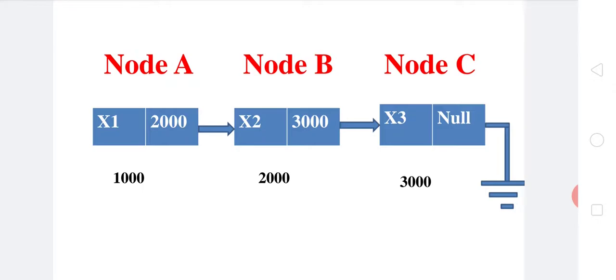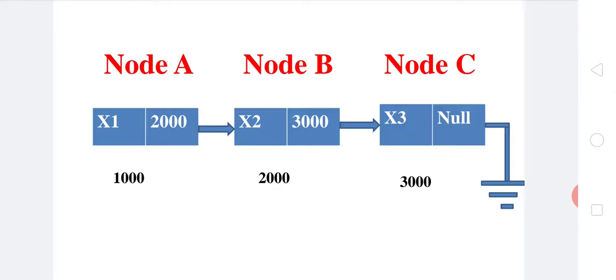Likewise, in node B, x2 is the data field or element, and the next field stores the address of the next node, which is node C, and node C's address is 3000. That's why 3000 is stored in node B's address field.